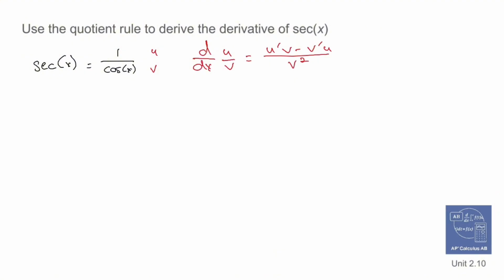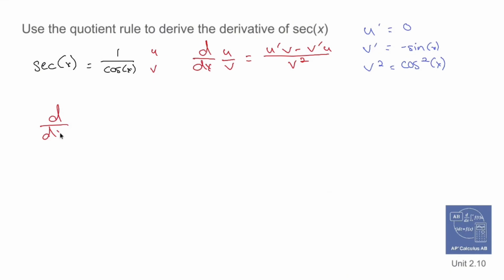So let's go off to the side and say, using that information, u prime is going to be the derivative of 1, which is nothing. V prime is going to be the derivative of cosine, which is negative sine x. And then v squared is going to be 2 cosines, one multiplied by the other, so cos squared x. All right, so let's put it all together.